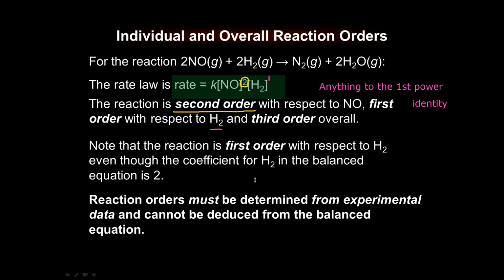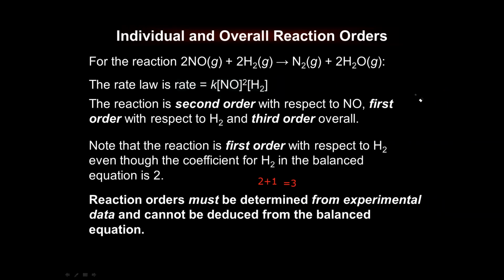And the third order is we combine them, we just add them up. Second plus first, that's going to equal 3, right? So we're good on that guy. Now, with these, the key is that we don't look at the reaction.